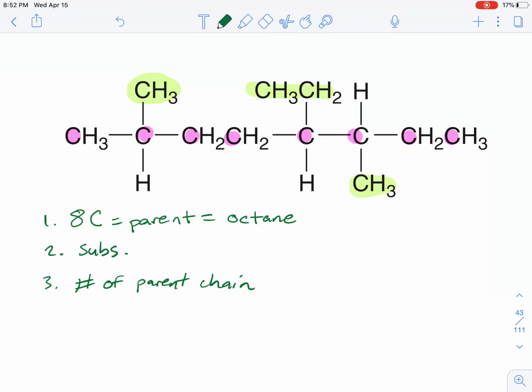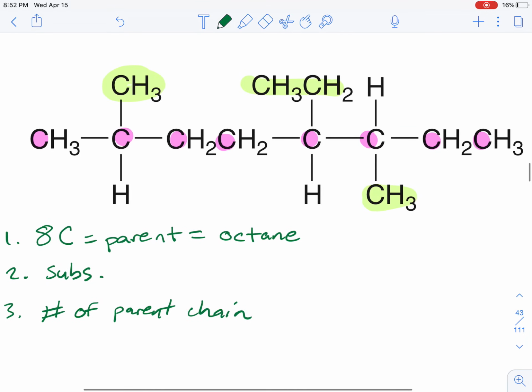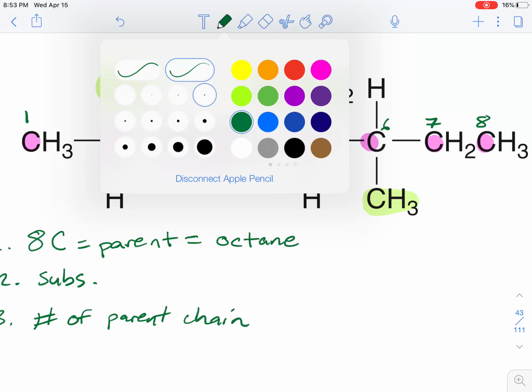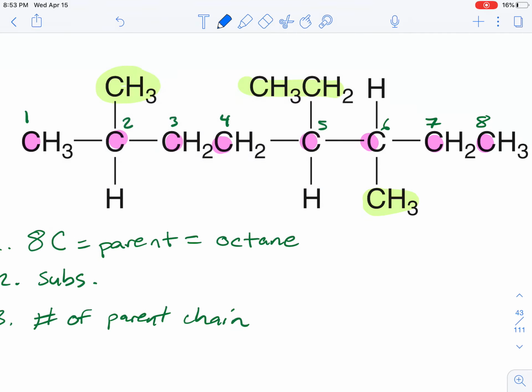And so here in this case, I'm going to work from left to right and then right to left and see what happens. If I say that this is carbon 1, then this is carbon 2, 3, 4, 5, 6, 7, 8. Remember, anything in pink that you guys are seeing is my parent chain. So if I go from left to right, those are going to be my numbers.